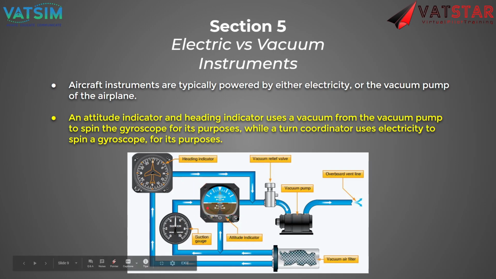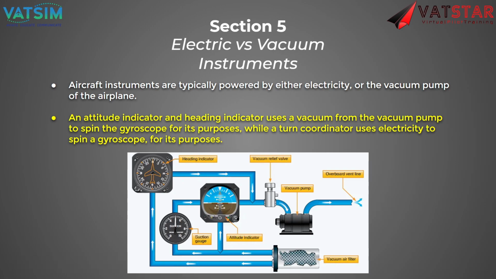Now, we talked about gyroscopic precession in the second week. Does anybody remember the principles of gyroscopes that we talked about last week? I think it was rigidity in space. Yes, exactly. Rigidity in space. Rigidity in space states that a gyroscope will basically maintain its position because it's a rapidly spinning object.